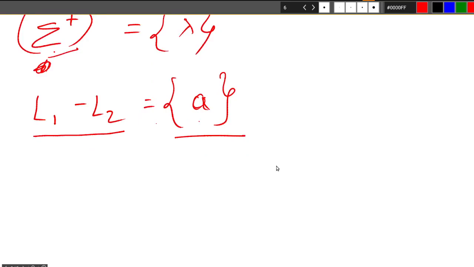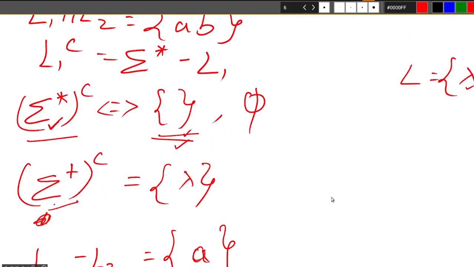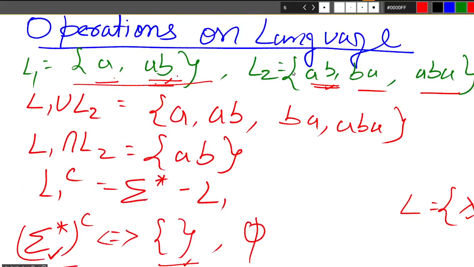No other string. Now, if you would have performed L2 minus L1, what would have happened? L2 minus L1, can you tell me the answer? BA comma ABA.